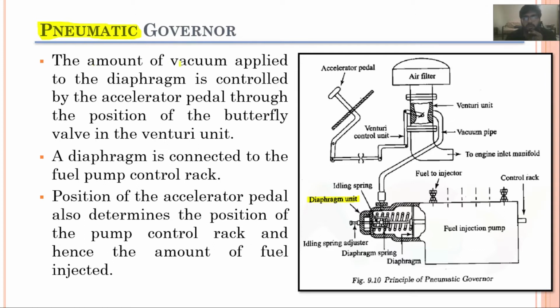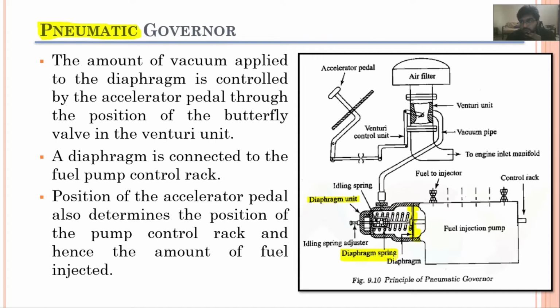So the amount of vacuum, what happens here is that this is our diaphragm unit, this is the diaphragm, and here we have a spring which is called a diaphragm spring.